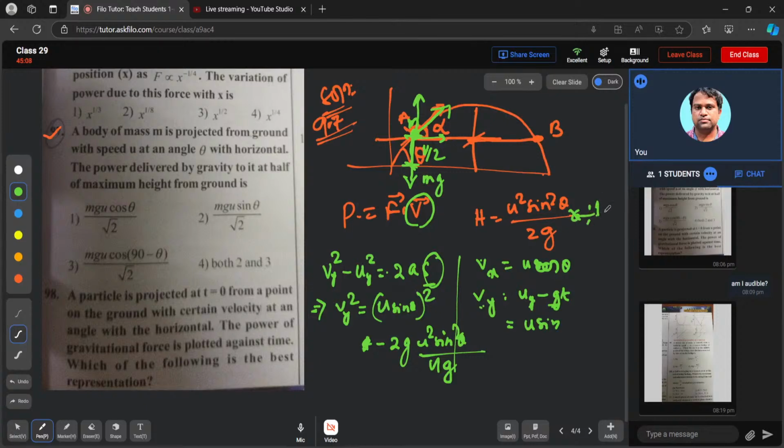H by 2 is 4g, divided by half means what? Multiplied by 1 by 2, so it will become 4g, right?